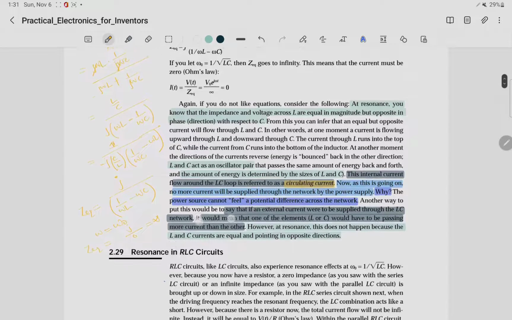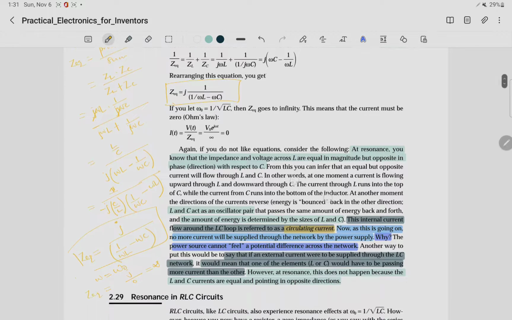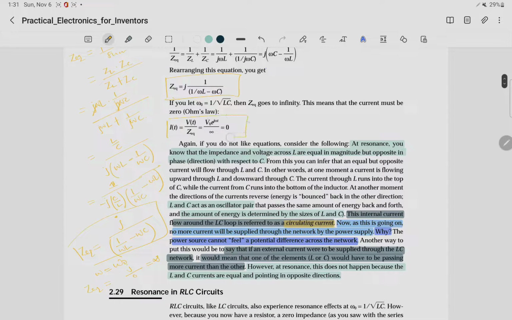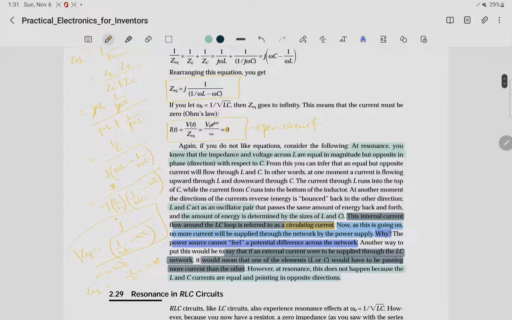After obtaining that, our I total from Ohm's law will be equal to 0. The current flowing will be equal to 0, and hence it behaves as an open circuit. So for this case as well, if you do not like equations, consider the following.